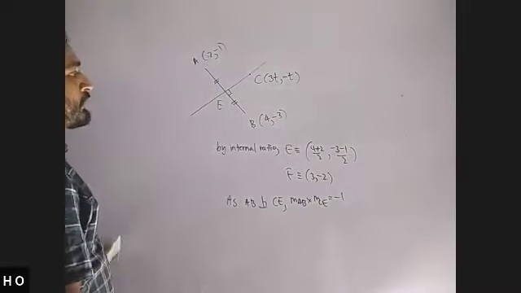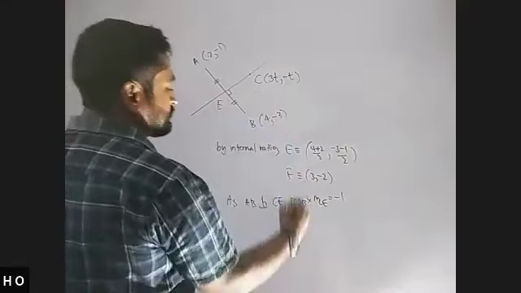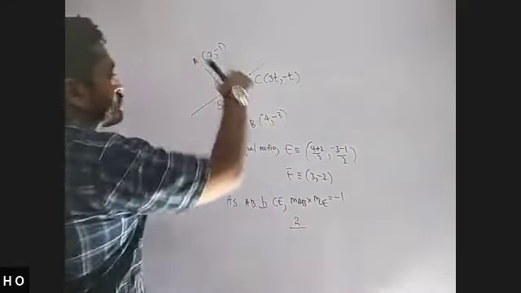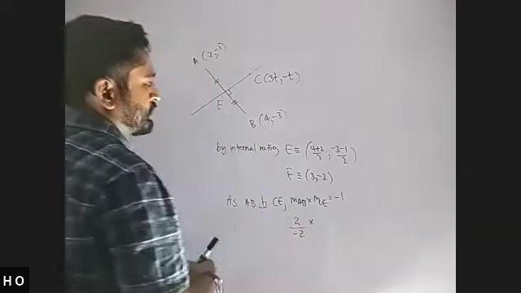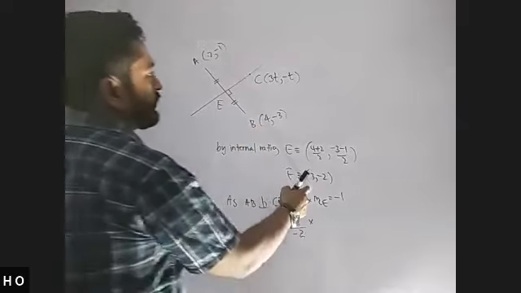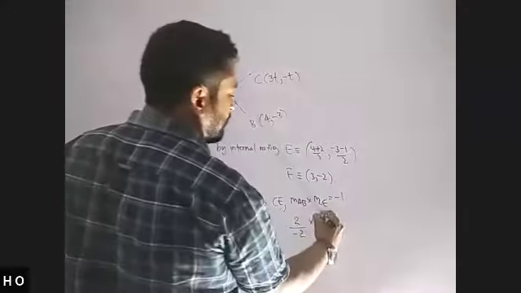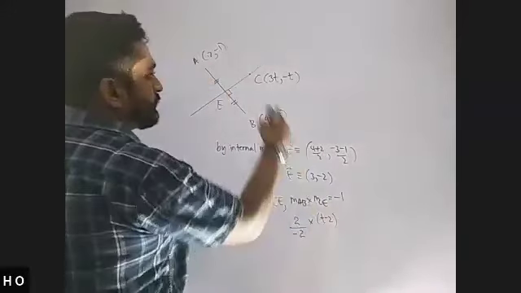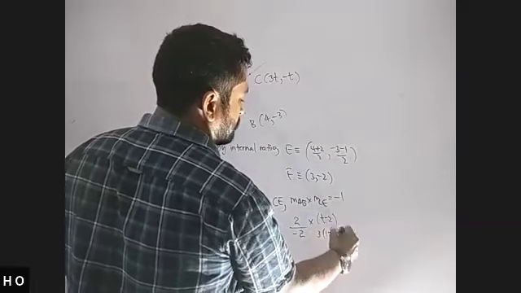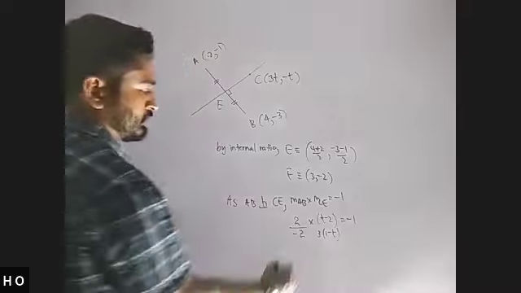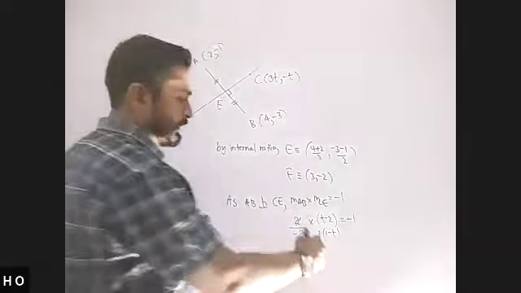In m_AB, it is going to be the difference of y: minus 1 minus minus 3 is 2, over 2 minus 4, which is minus 2, times m_CE. You know E now, so you can have the difference again: t minus minus 2 over 3t minus 3 minus 3. Then multiplying both sides by minus 1, you can get rid of this minus.